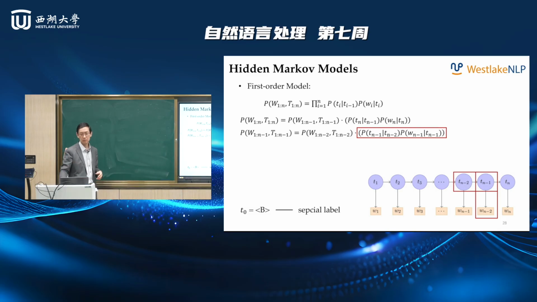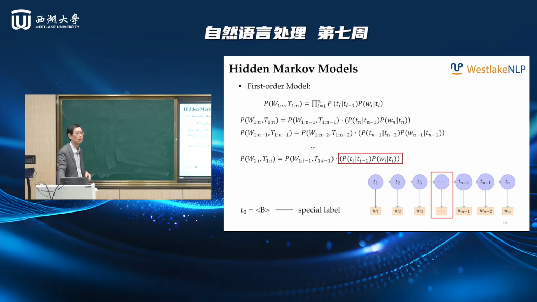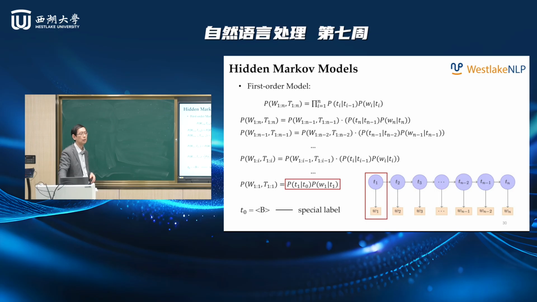Now you know we can do the same for every word. If you try to decompose a word, you take the emission and transition for the word, until you get the first word. Is the first word only one emission probability? No, but you can think about the previous tag, T0, as the beginning of the sentence. Then it's emission times transition again.